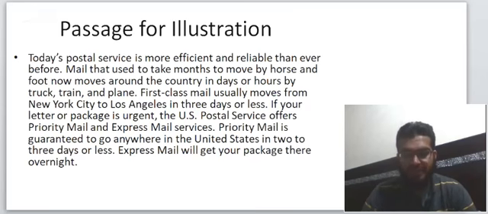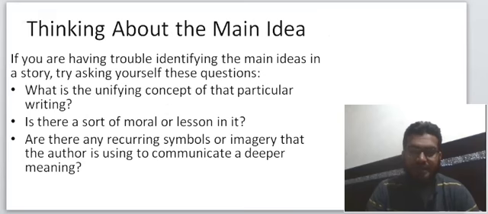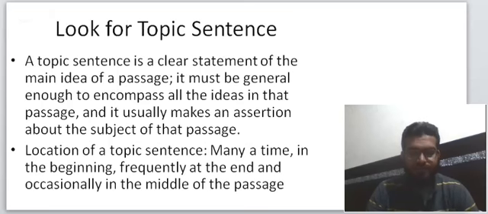So this is the main idea of the passage, and since this statement clearly expresses the central idea, we call it topic sentence, and all the other ideas are simply explanations and extensions of the same point. That is why it is the main idea of the passage.